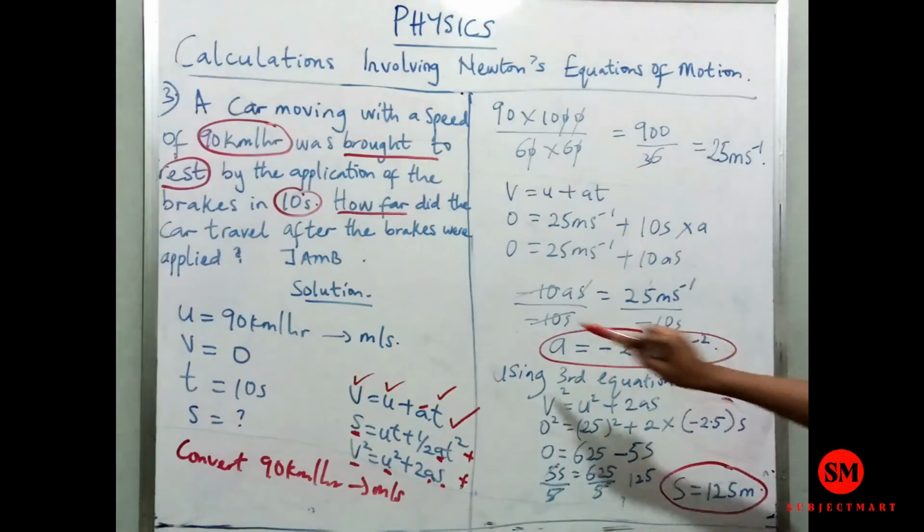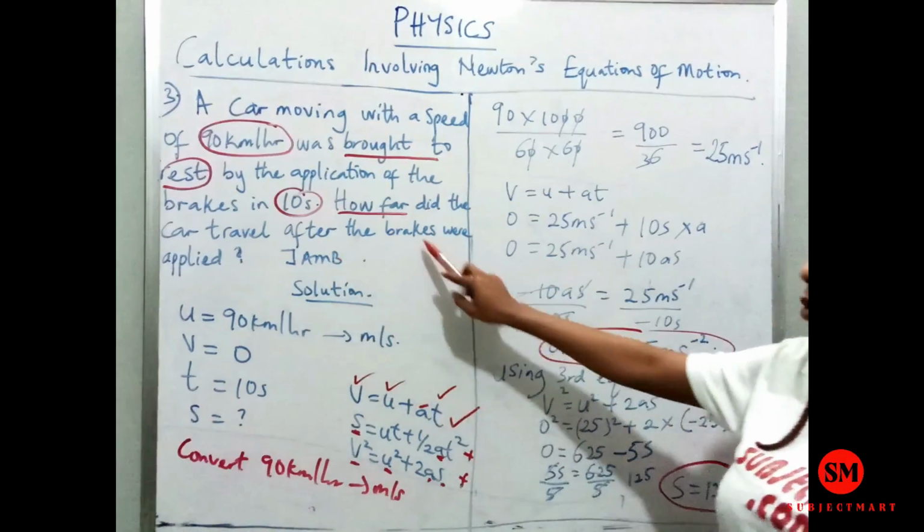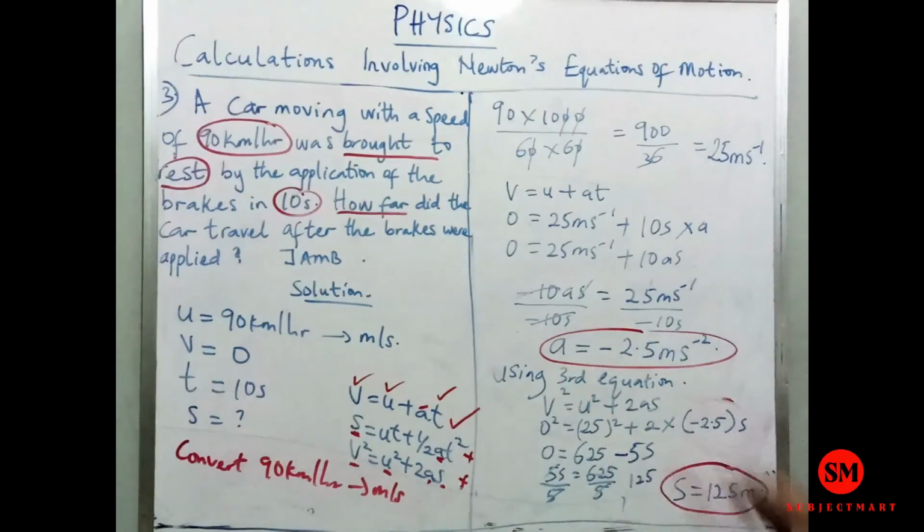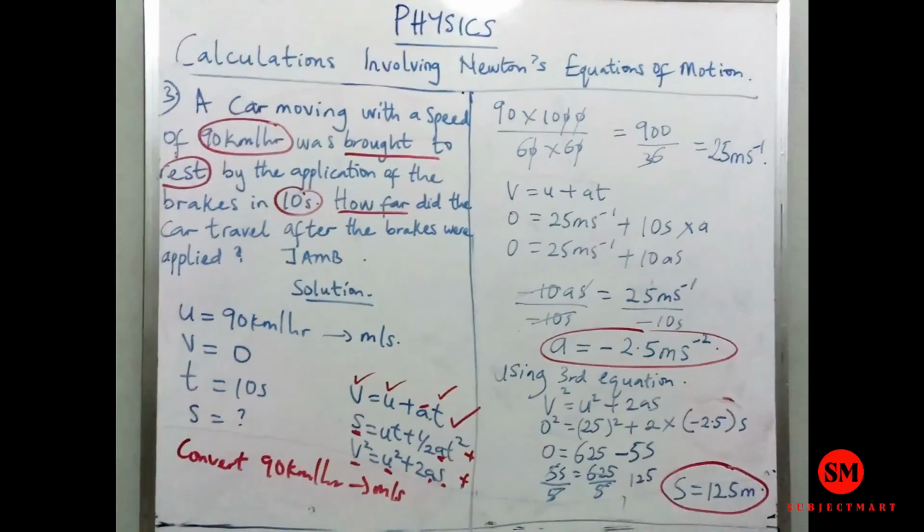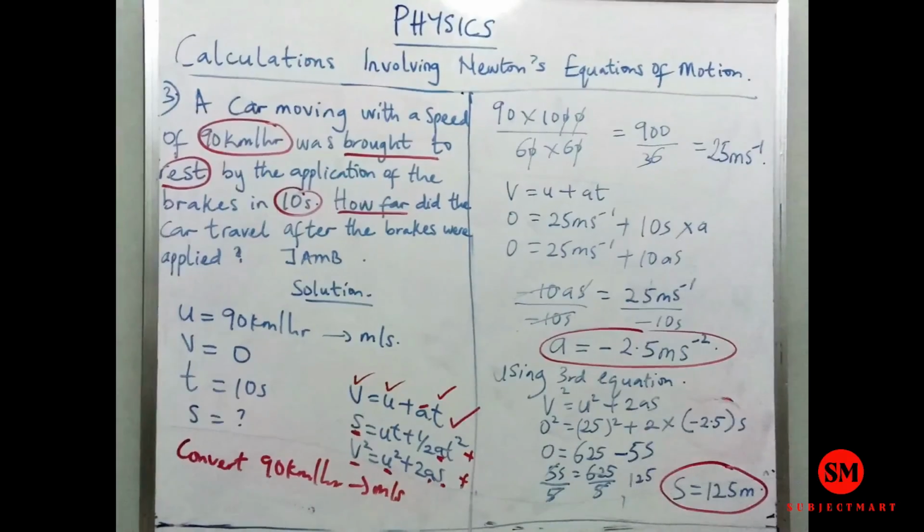And that answers the question, how far did the car travel after the brakes were applied? After the brakes were applied, the car traveled 125 meters. I hope that is well explanatory. And that would be all on calculations involving Newton's equations of motion.